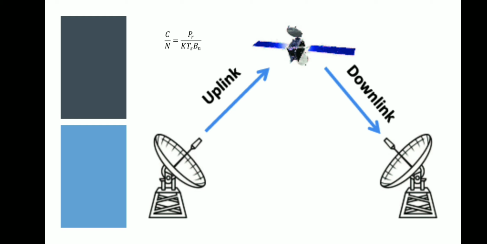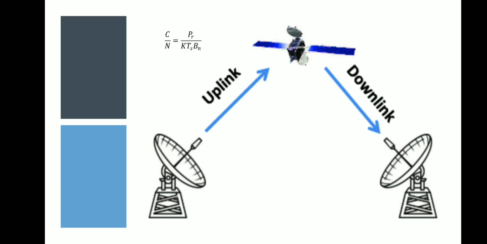So before we go ahead, we need to have a big picture clear. The aim of this module is to design a satellite link that includes the uplink as well as the downlink. In this particular lecture, we will be talking about designing of downlink here.